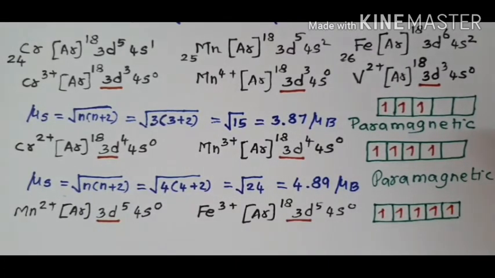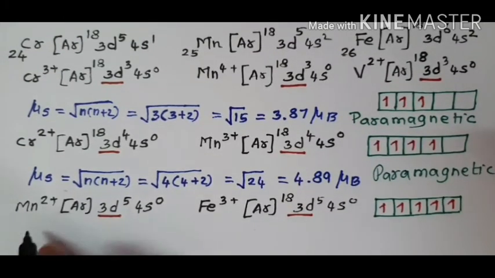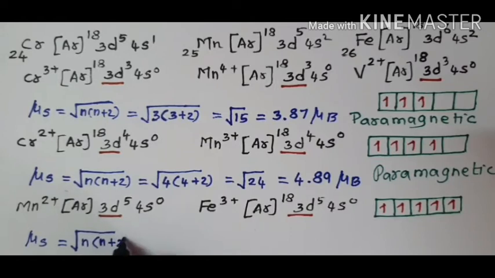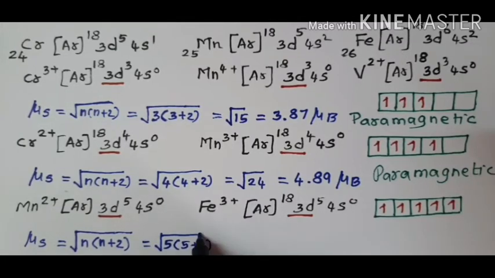Now calculate the spin only magnetic moment value. What is the formula? Mu s, the spin only magnetic moment, equals root of n into n plus 2 Bohr magneton. n equals the number of unpaired electrons. 5 into 5 plus 2. 5 plus 2 equals 7. 7 into 5 is 35.